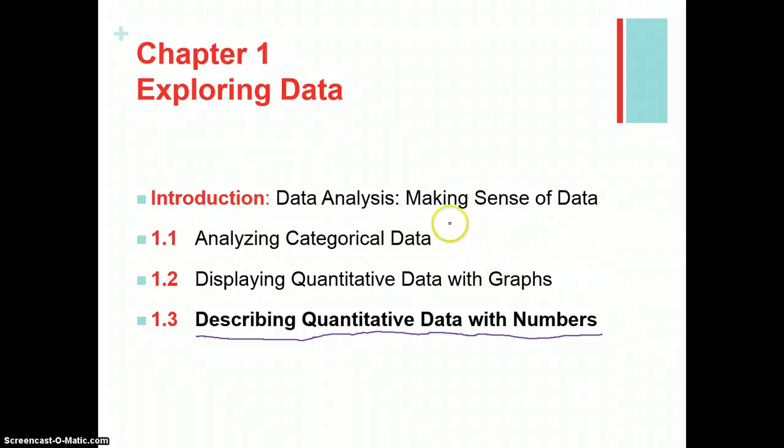Section 1.1 was analyzing categorical data, and that was distinguishing between categorical variables and quantitative variables, and going over the representations of categorical variables, which are graphically pie charts, bar graphs, and we delved into the probability tables a little bit, the marginal and conditional distributions.